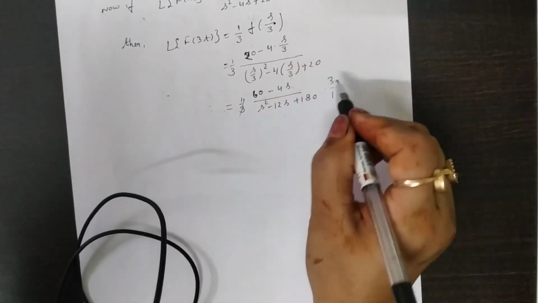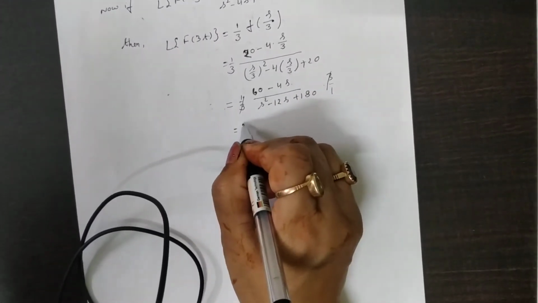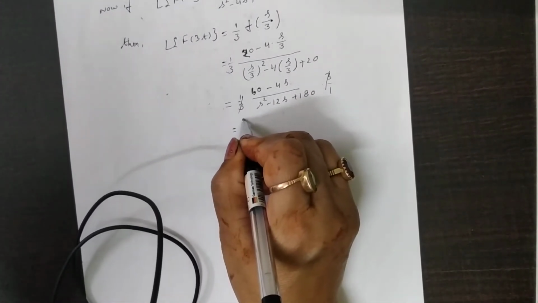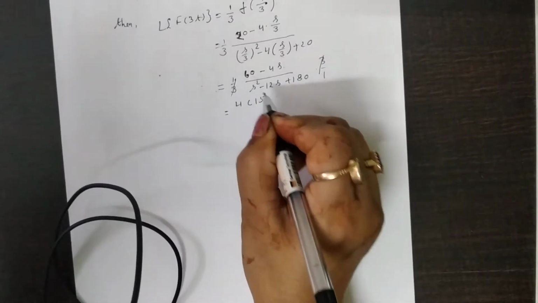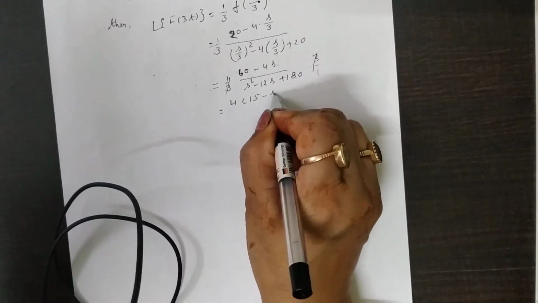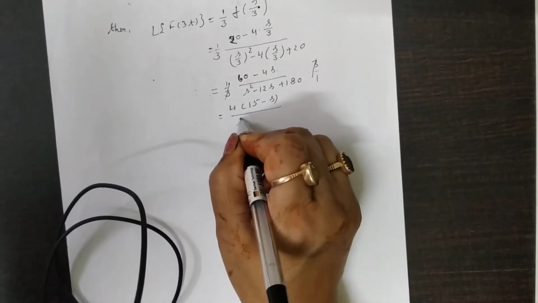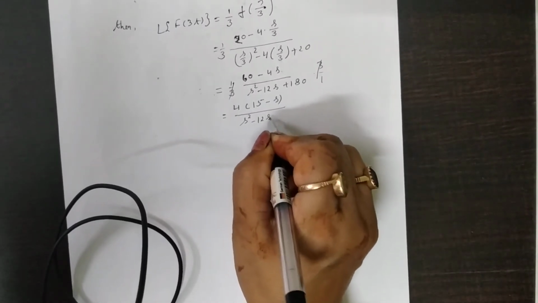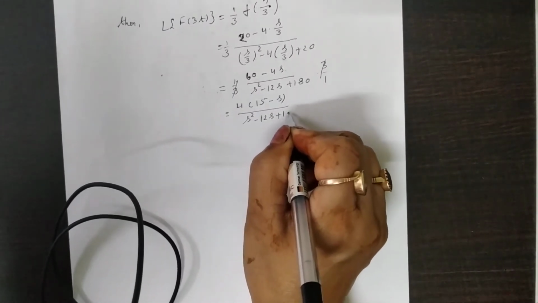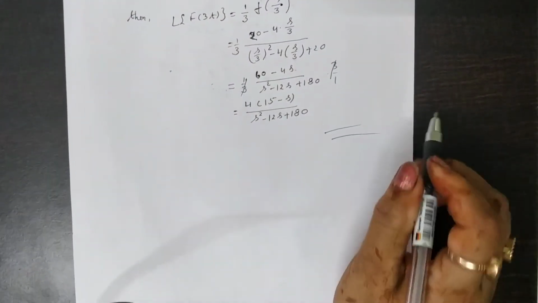So this is equal to 4 of (15 minus s) divided by s square minus 12s plus 180. Yes, this is the answer.